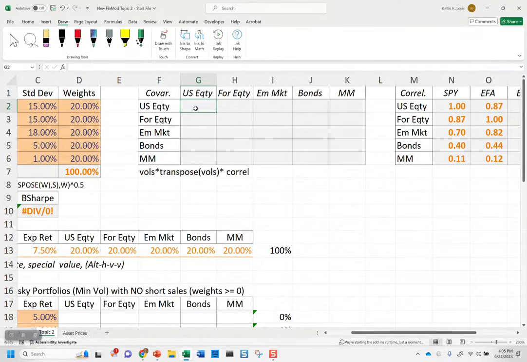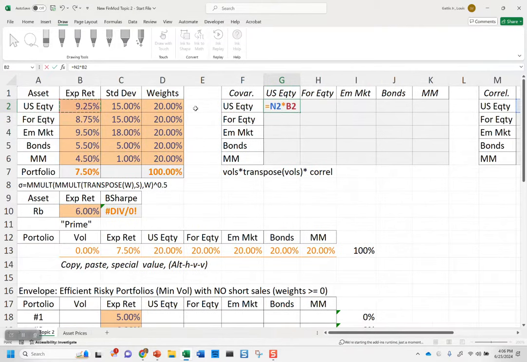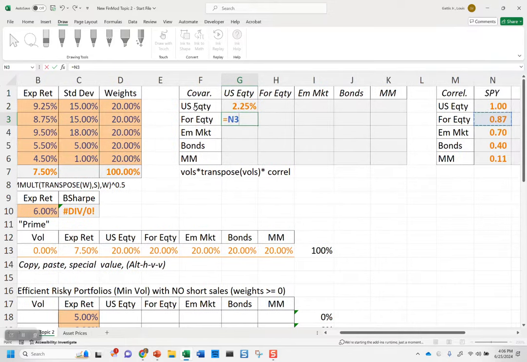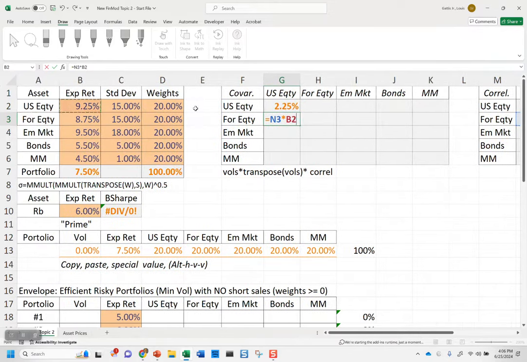Now I could do it the really hard way, which is I would take this correlation times this standard deviation times this standard deviation, and I have to do each one of them. So US equities and foreign equities, this correlation times the standard deviation of US times the standard deviation of foreign equity. I'd have to do each term like that.